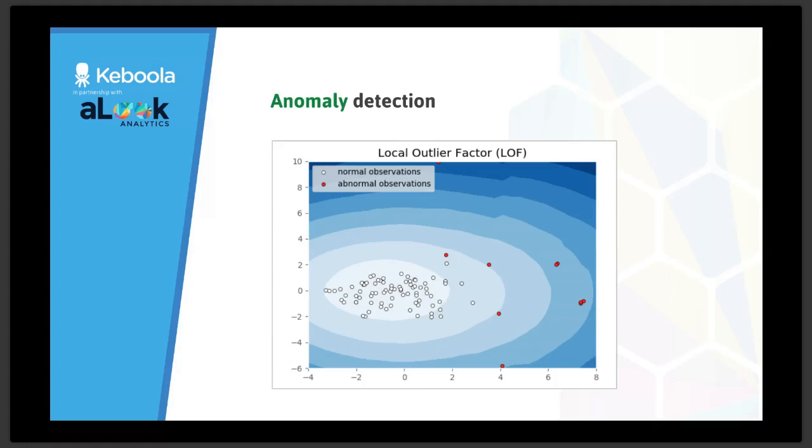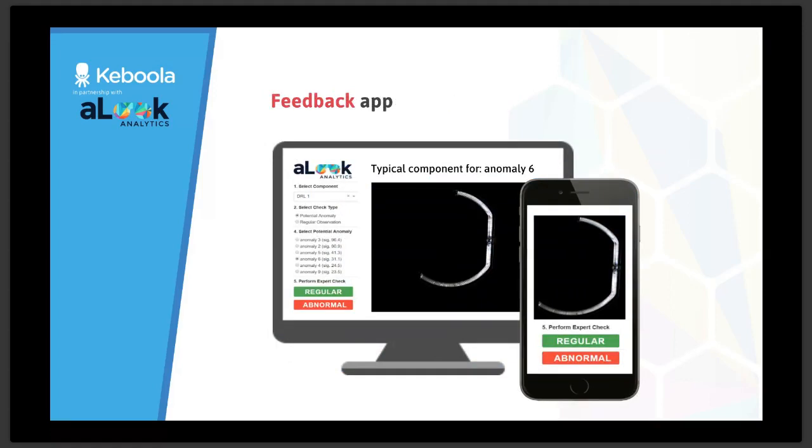Once we have this prioritization, we need to ask the experts for their opinion. We created a simple feedback application where we tell them, this is the component, we ask you to evaluate individual anomalies, and we go one by one until we get feedback about individual clusters of anomalies.